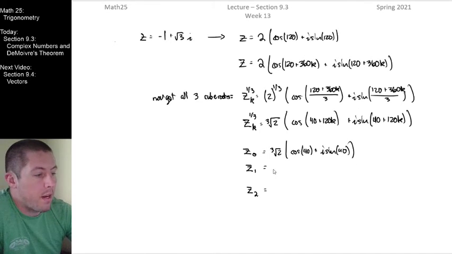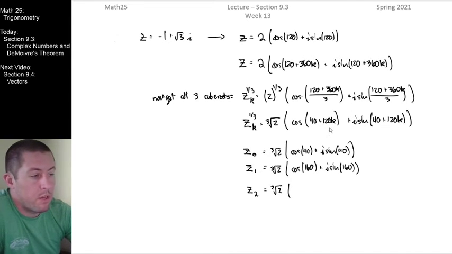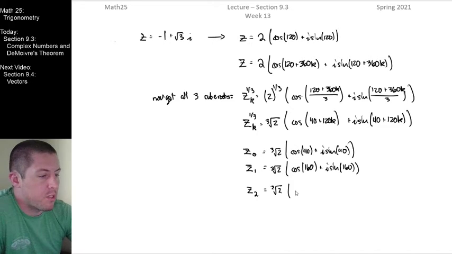If k is 1, then I'm getting the cube root of 2 times cosine of 160 plus i sine 160. And finally, cube root of 2 times, if k is 2, then I'm getting 240 plus 40, which is 280.